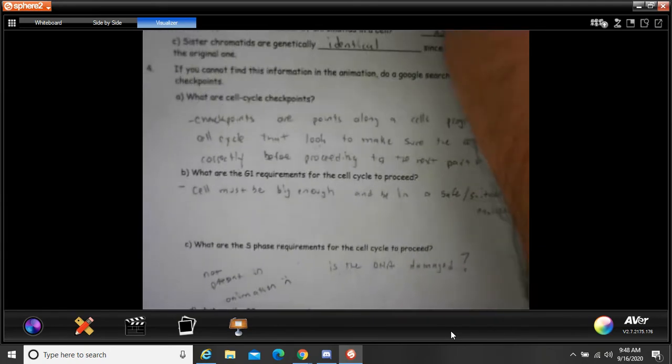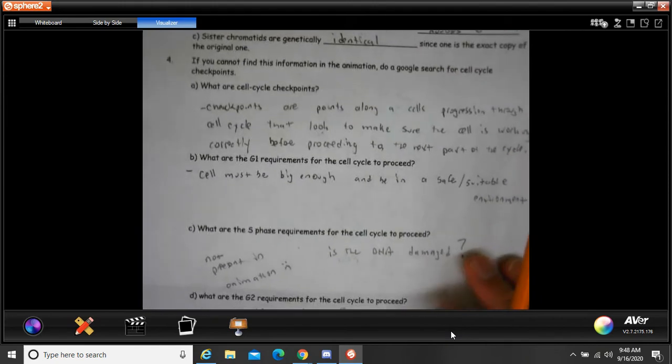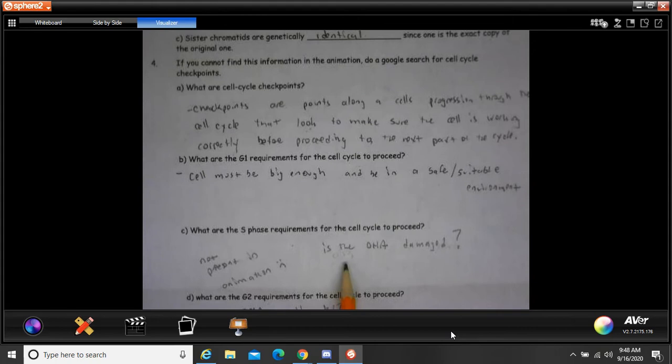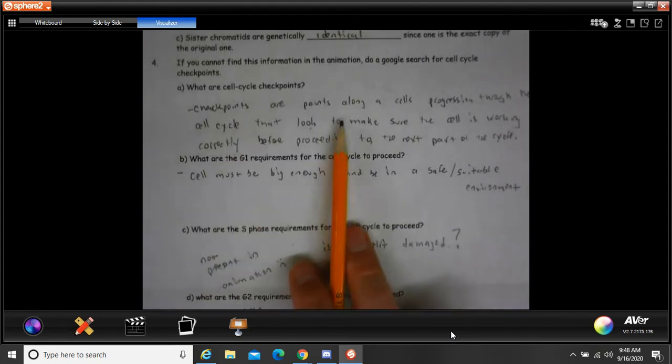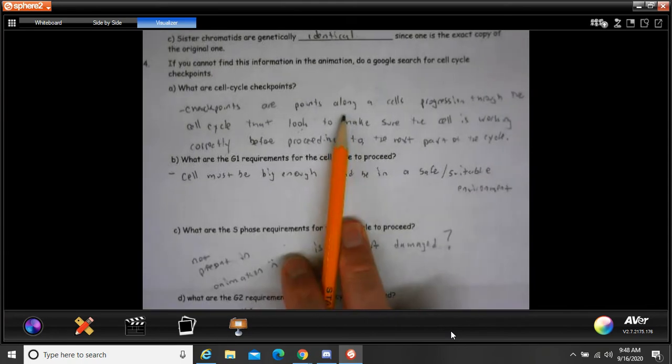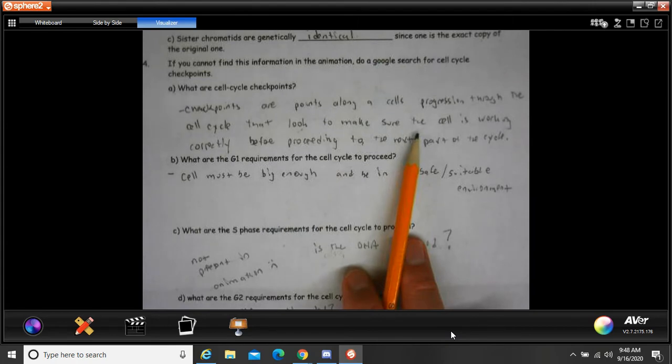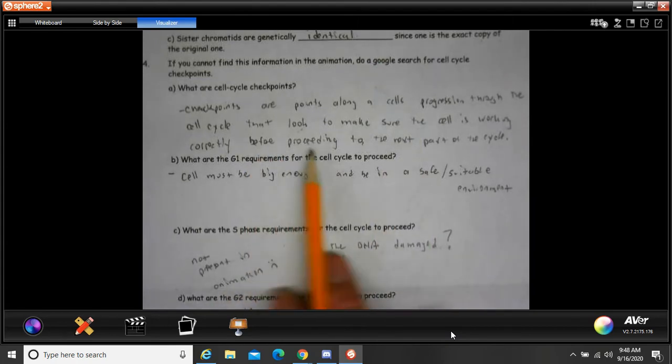Now in the animation, they also showed you some checkpoints, and we're not going to go into huge details with these. We'll talk about them a little bit when we get to things like cancer. For the most part, checkpoints are points along the progression through the cell cycle that the cell undergoes to make sure that the cell is working correctly before it proceeds to the next step.